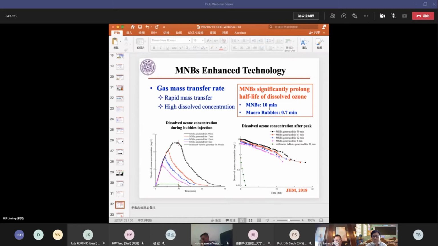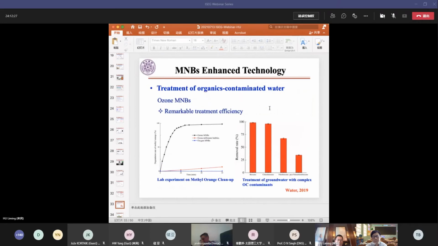That means ozone can stay active for a very long time. And we used these ozone micro nanobubbles to react with different kinds of organics. The result is very good.